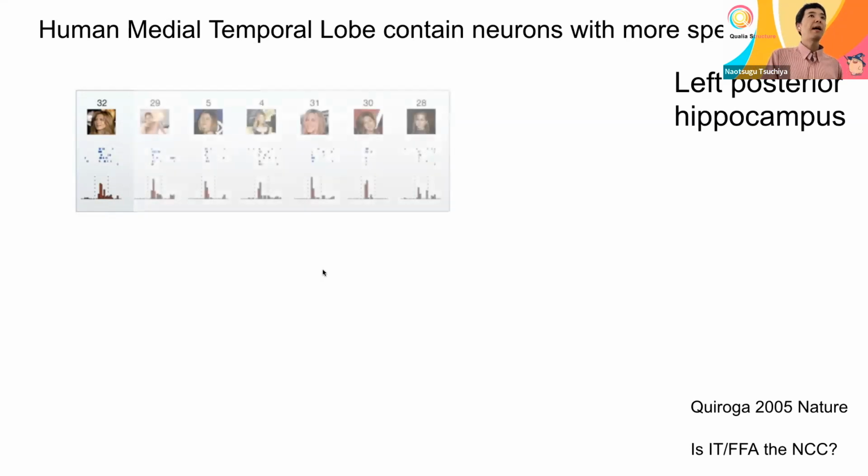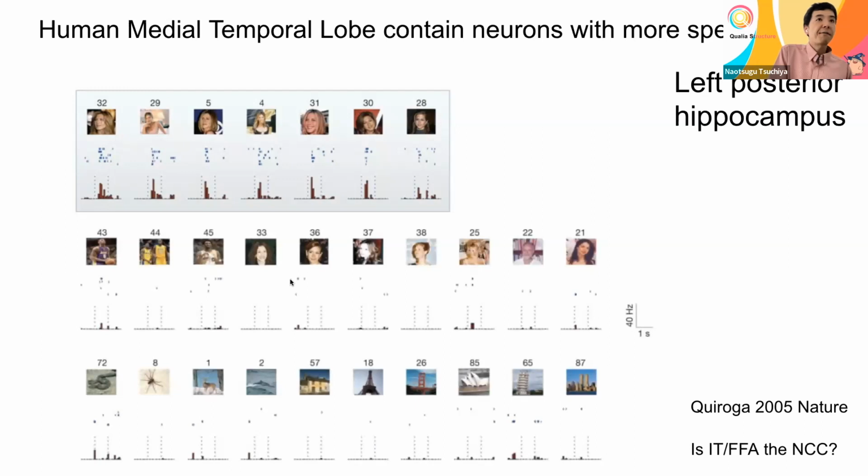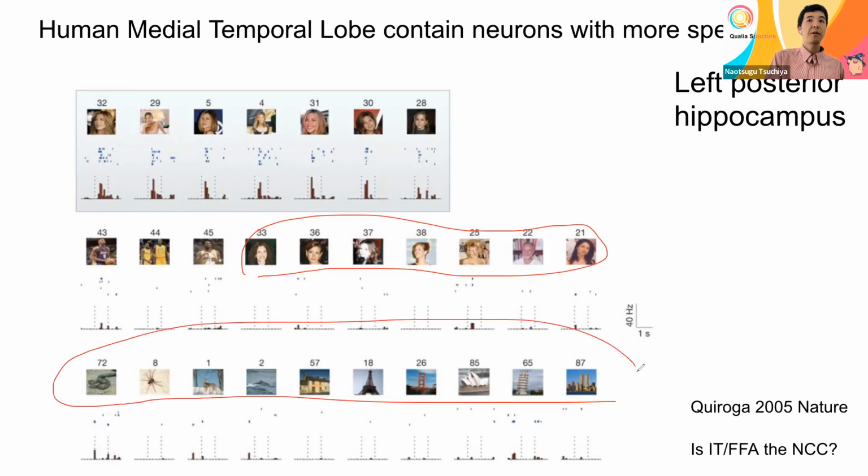And when they did that, they found that different views and different examples of Jennifer Aniston produced good responses, like the original Jennifer Aniston in the morning. On the other hand, other female actresses didn't show much response here. And other categories of stimulus didn't produce much response either.